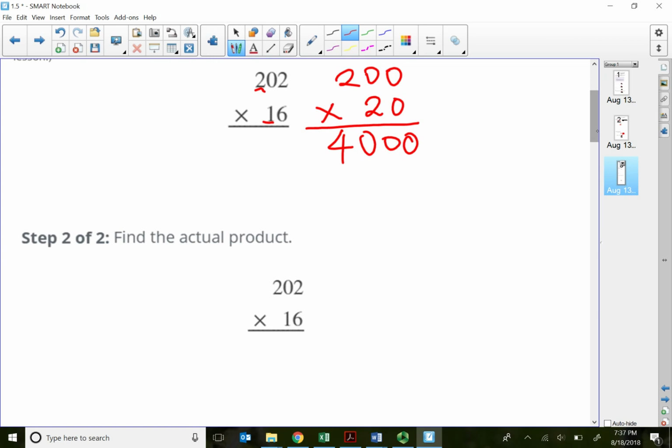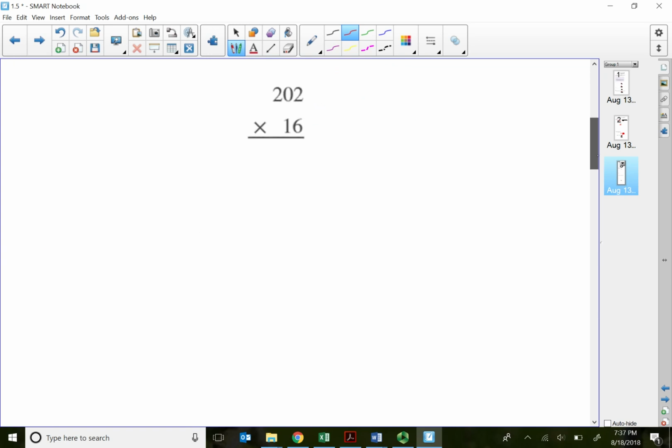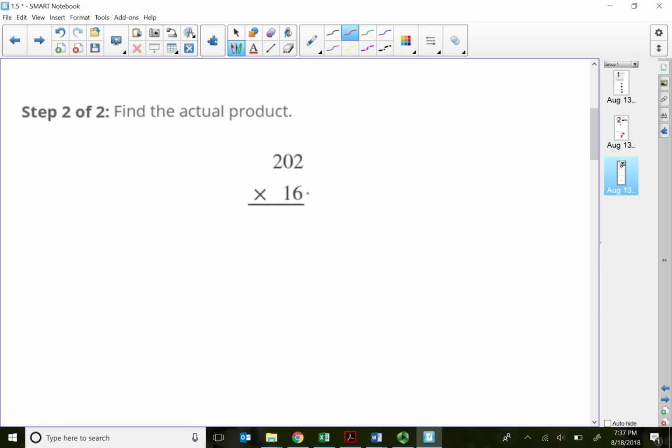So step 2 out of 2, find the actual product. Let's take the 6 and start multiplying. 6 times 2 is 12. Carry 1. 6 times 0 is 0 plus the 1 is 1. 6 times 2 is 12. Tens place. 1 times 2 is 2.